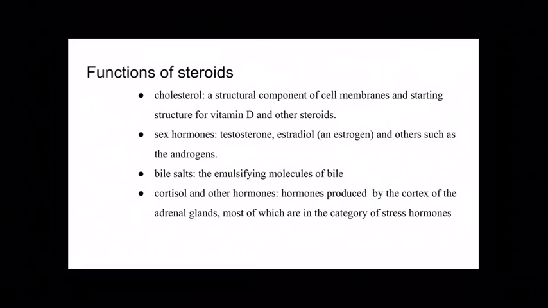And so sex hormones are a category of steroids. All of our sex hormones are some type of steroid hormone, so they all have that 17 carbon 4-ring backbone to them.